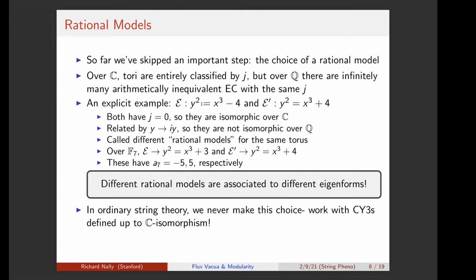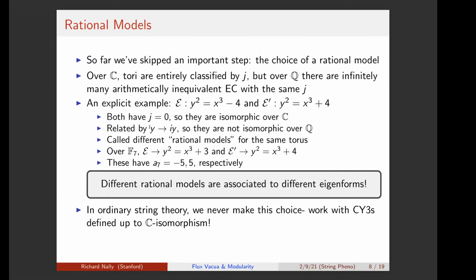The easiest way to see why this is true is to look at an example. Think about the two elliptic curves y squared is equal to x cubed minus 4 and y squared is equal to x cubed plus 4. These both have J equals 0. So as complex tori, they're isomorphic. But the map between them, you can check, is generated by the coordinate redefinition y goes to iy. And so this has an i in it, so it's not a Q isomorphism.